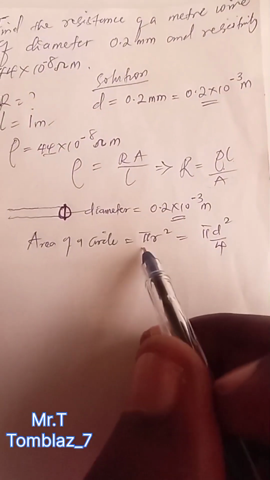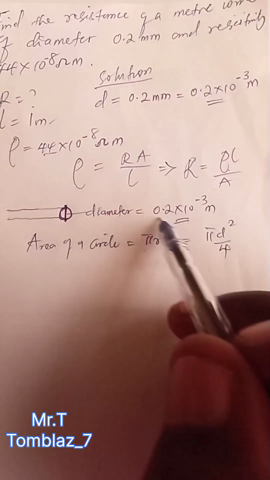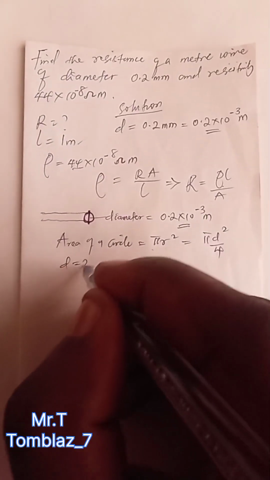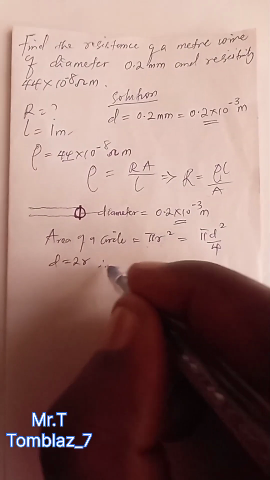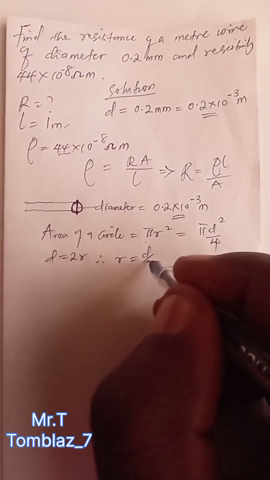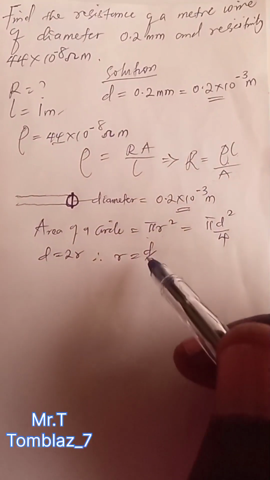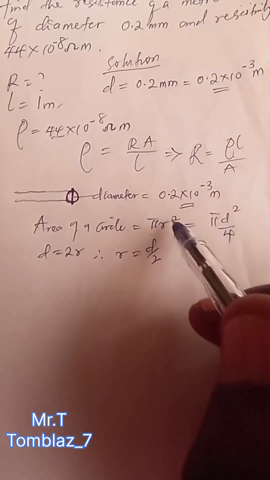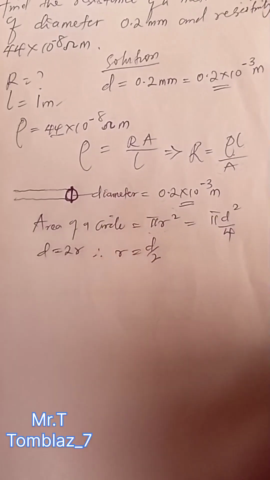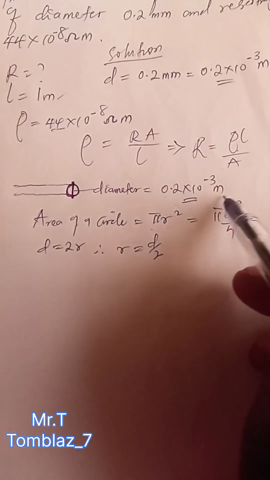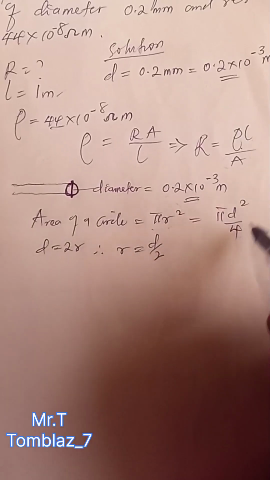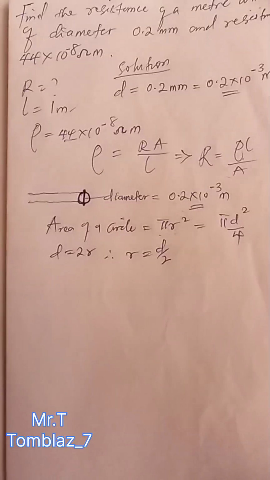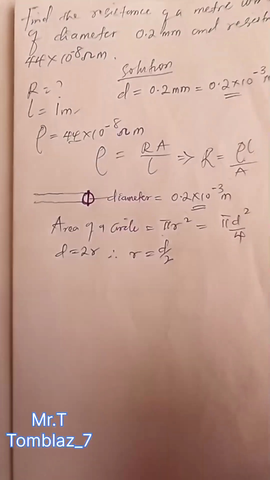If you are comfortable with pi r square, then you have to divide the diameter by 2 to have radius, since diameter is 2 radius. Or you just use the diameter directly in the other equation, you still arrive at your answer. My own choice is to use it directly.